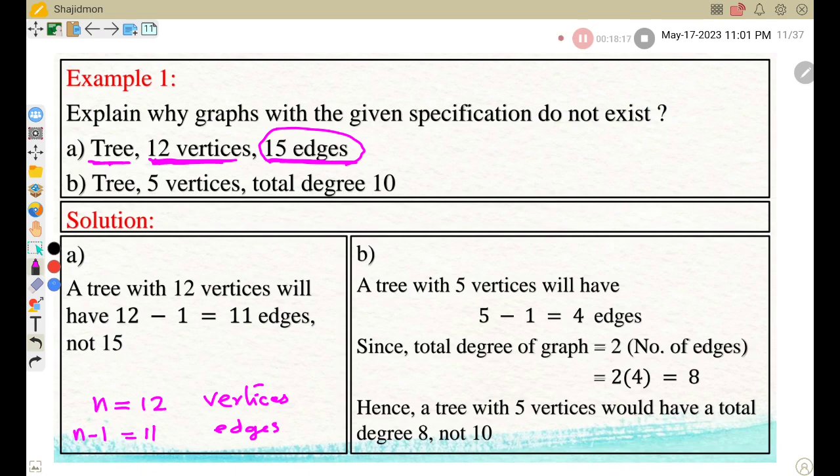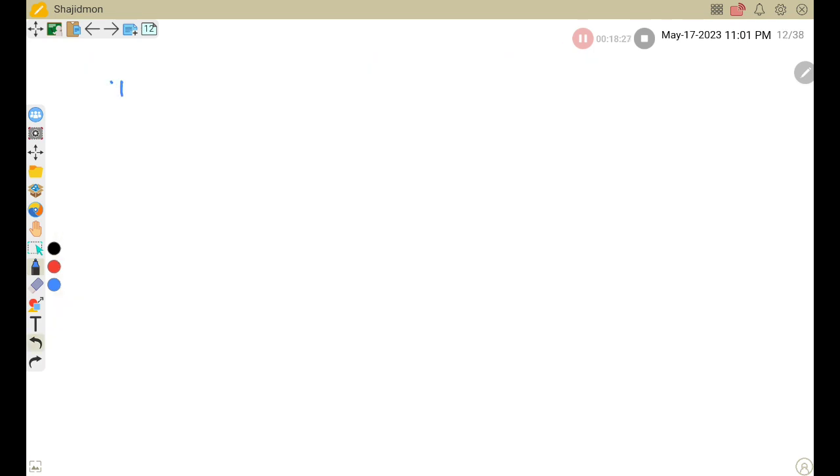Now what is the second question? A tree with 5 vertices, and total degree should be 10. Is it possible or not? That is the question. It should be a tree with 5 vertices, so number of vertices equals 5, and total degree equals 10.